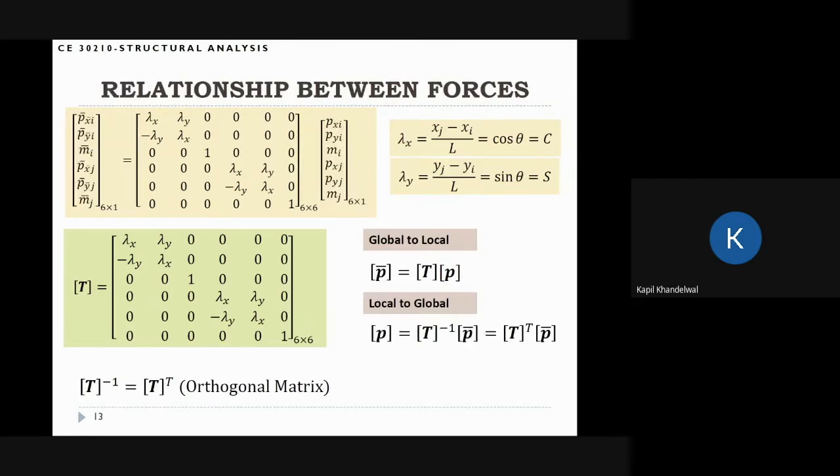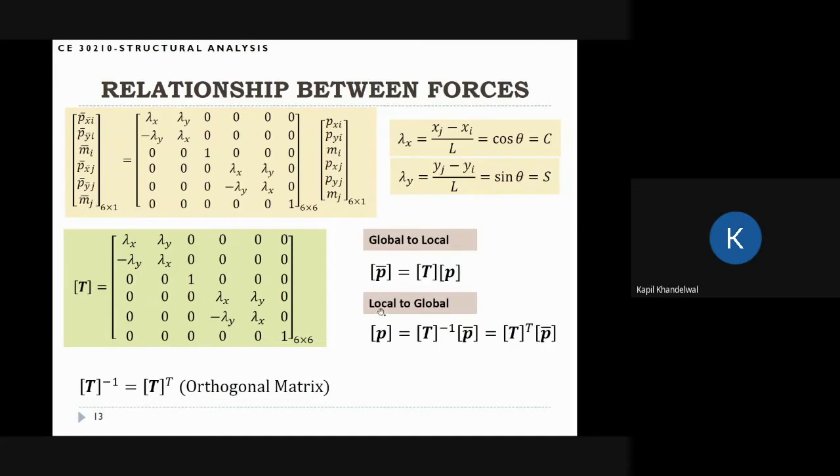And using the same algebra, we end up with exactly the similar relationship for forces in the local and global coordinate system. So you can see that this is the force vector in the local coordinate system. This is the force vector in the global coordinate system. They're represented by the same transformation matrix because they follow the same vector algebra.